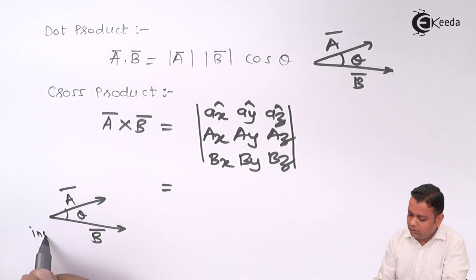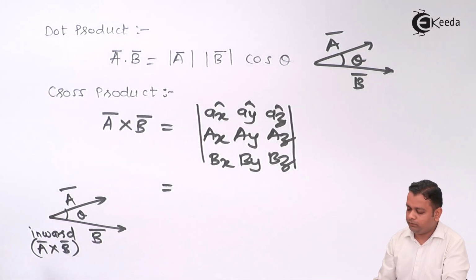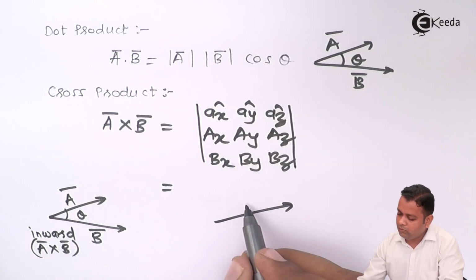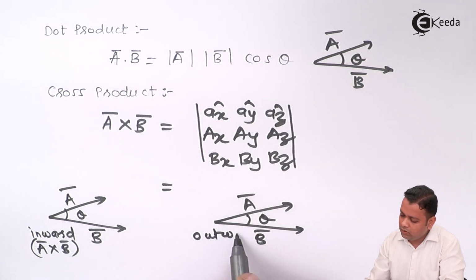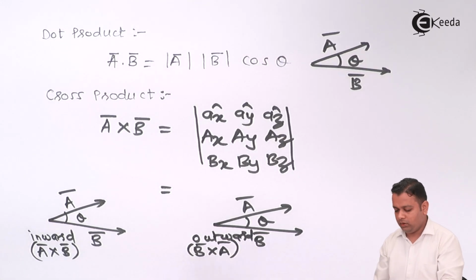So I write inward for a bar cross b bar. If we have to take b bar cross a bar, this will be outward for b bar cross a bar.